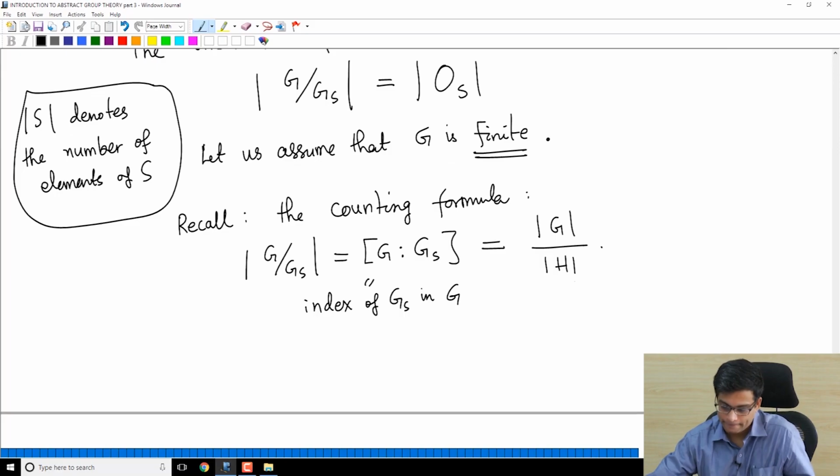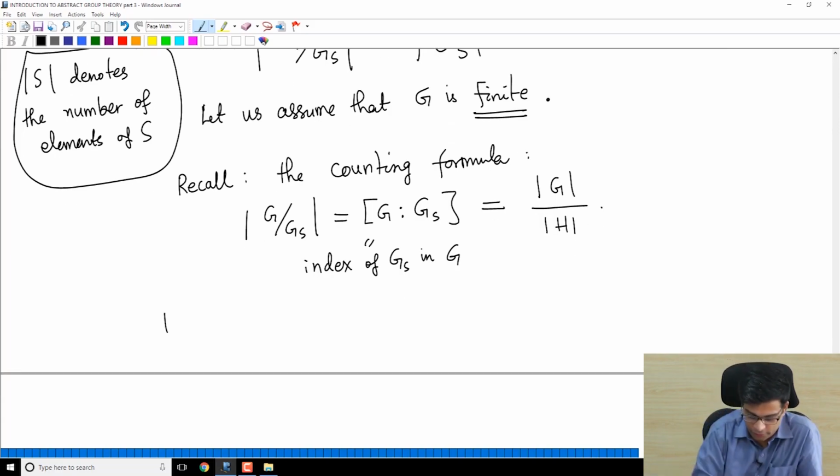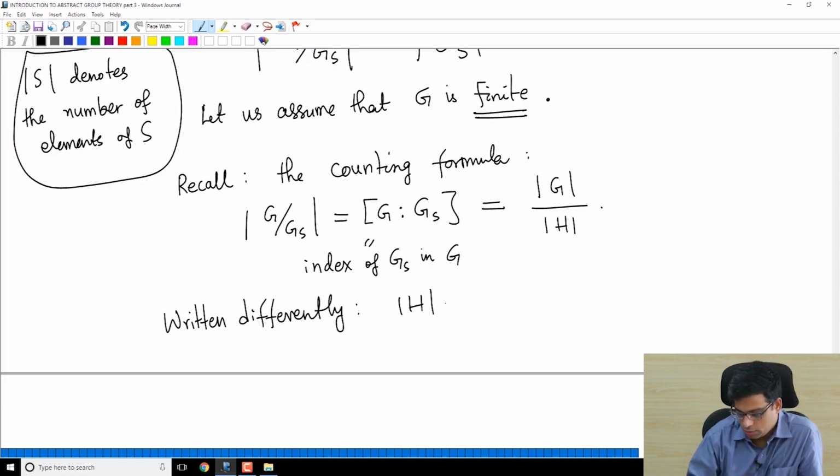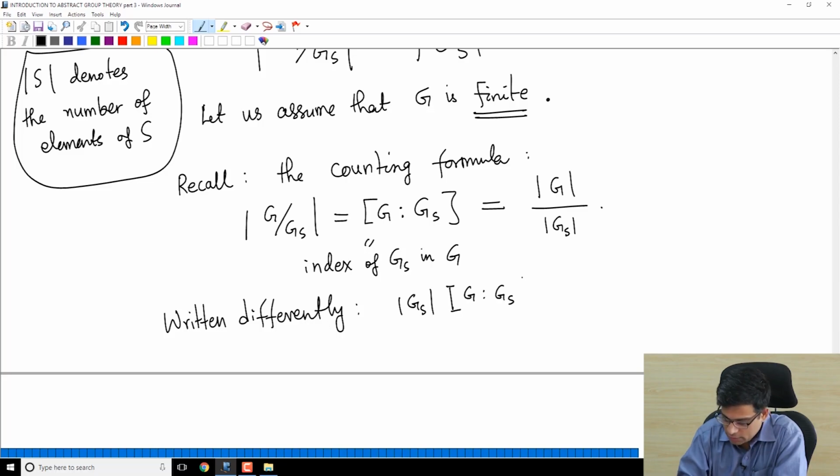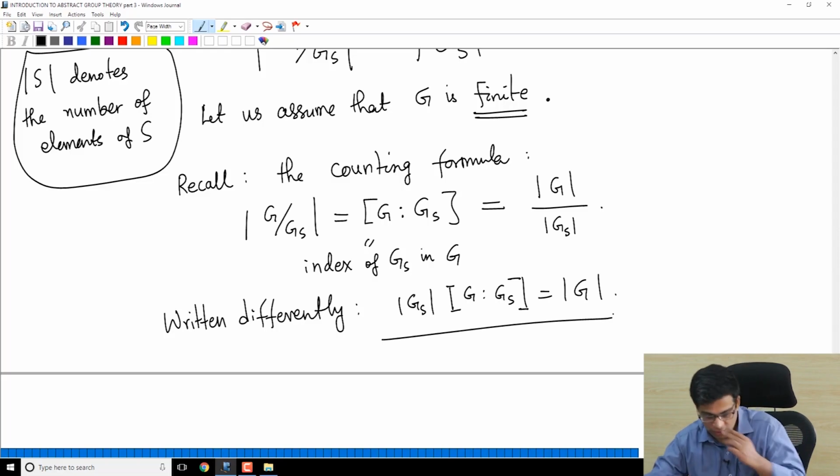Let us write it differently. We have the order of H, H is GS here, so the order of GS, times the index of GS in G, is the order of G, right? So I am just rewriting the counting formula.